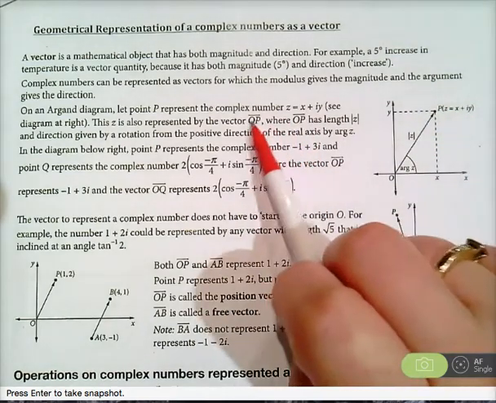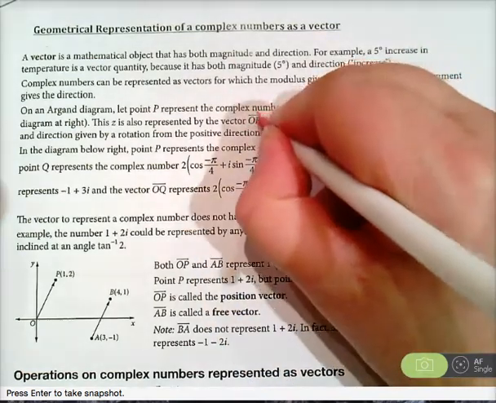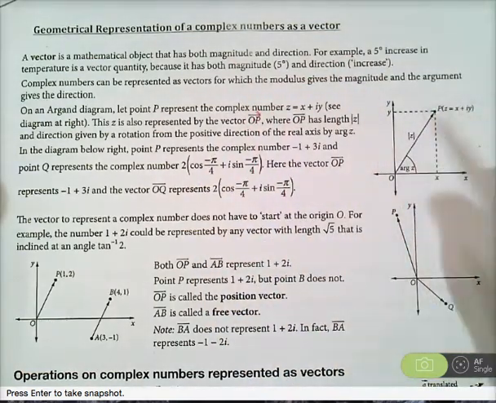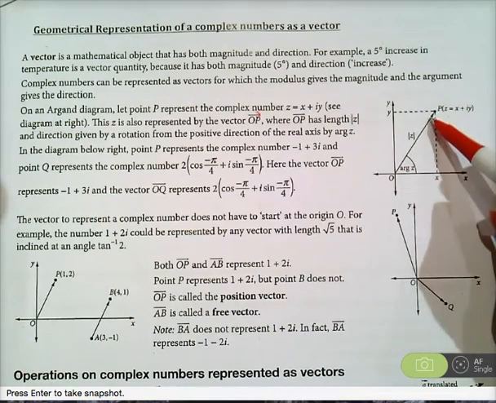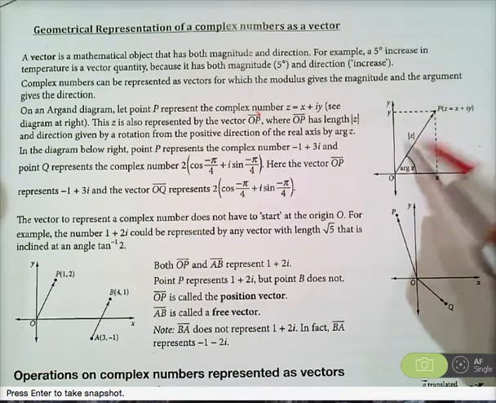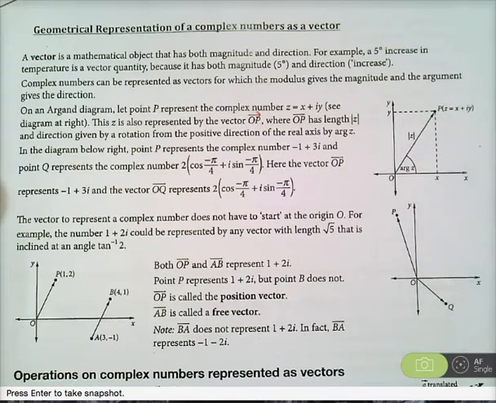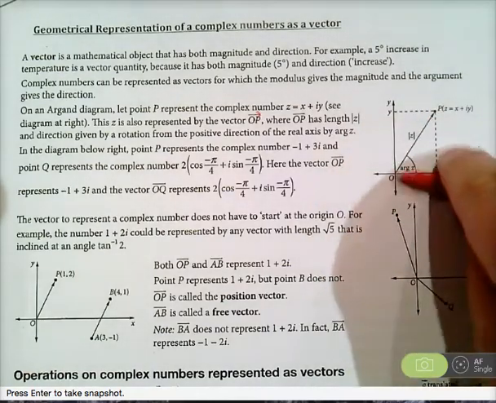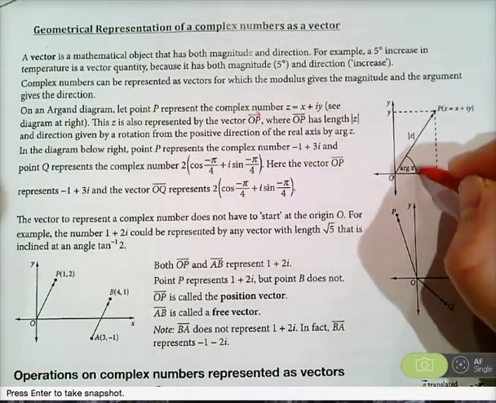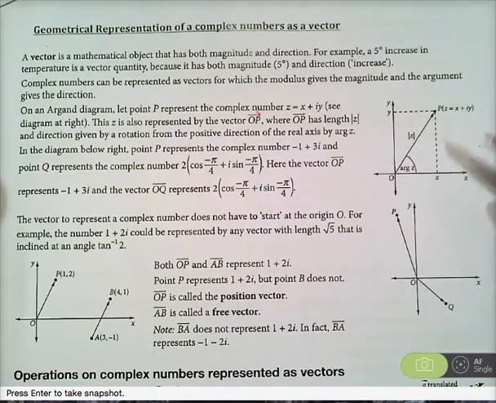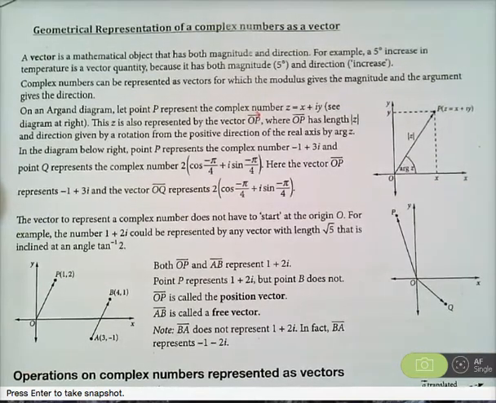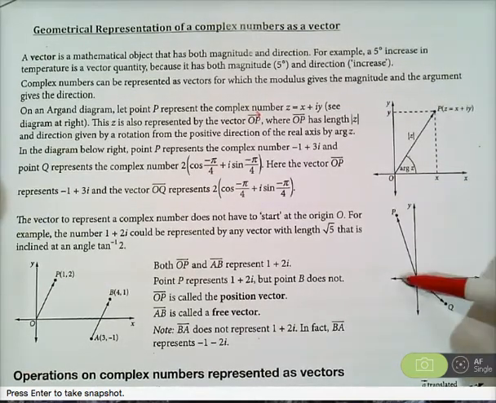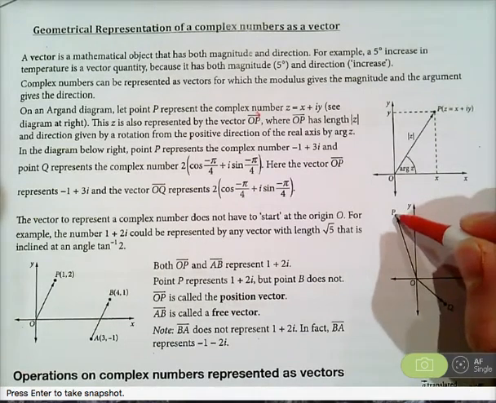Notice we write the O, then the P, and the arrow goes forward, saying that we're going from O to P. And the length of the vector OP is the modulus of Z, and the direction is given by arg Z, which is whatever the rotation is from the positive direction of the real x-axis. Okay, so in this case, it's up here. Now we can see in the diagram, down in this diagram where we've got point P here.